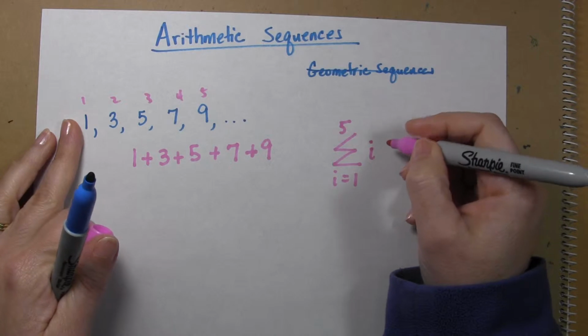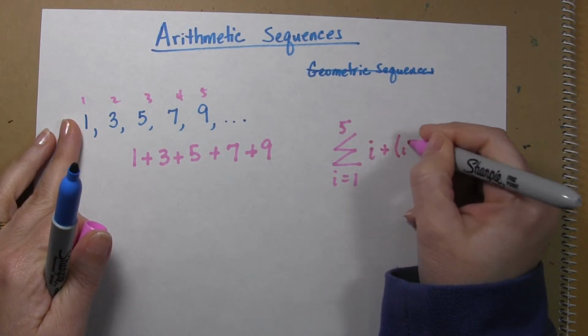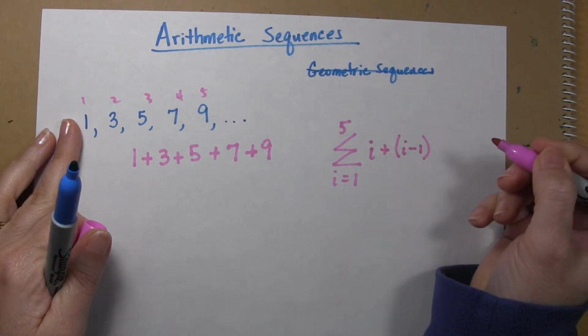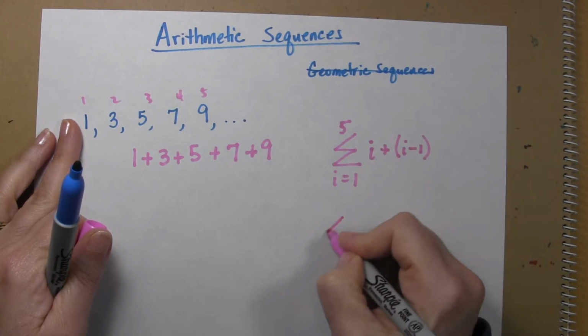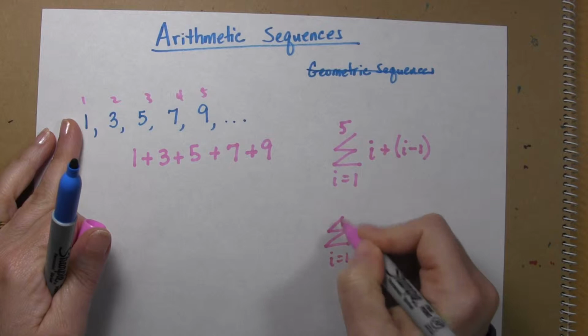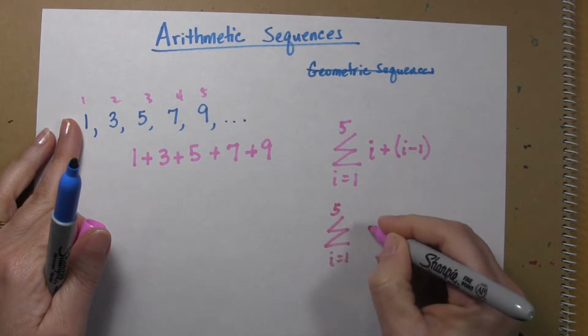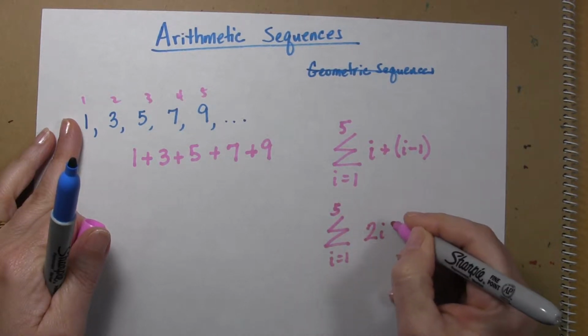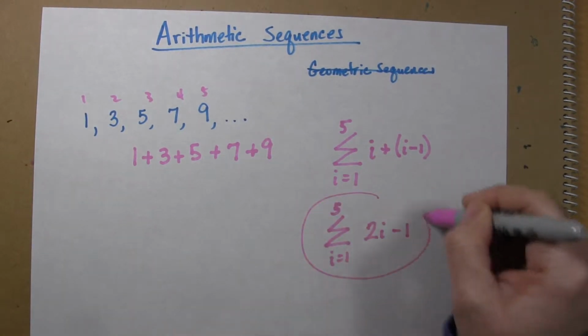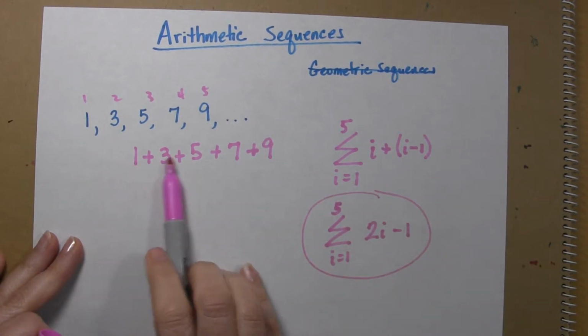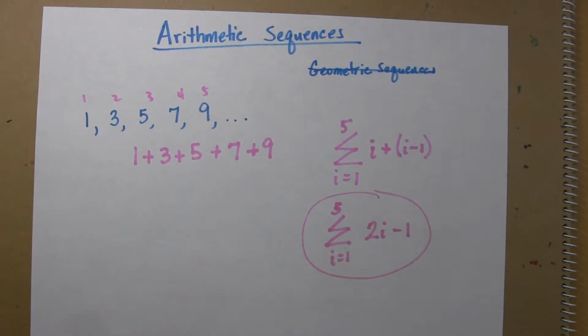We're going to take the i and add to it i minus 1. So if I were to rewrite this nicely, it would be the sum from i equals 1 to 5 of 2i minus 1. And that would be the formula to add all of those together.